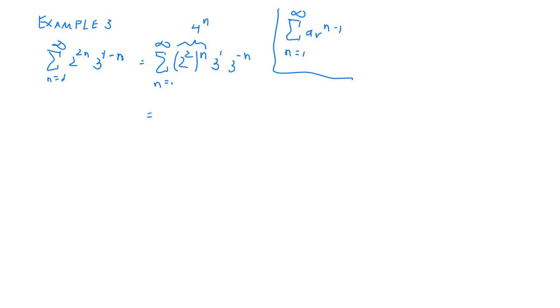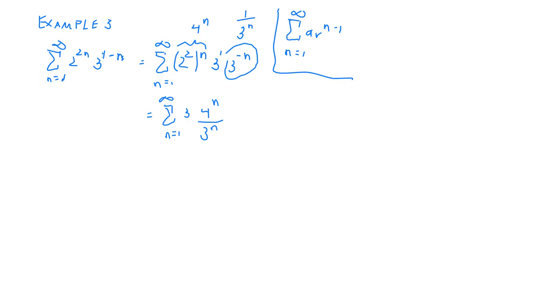So what I'm going to do here is just leave the 3 here. And I got 4 to the nth over 3 to the nth, because 3 to the negative nth is like 1 over 3 to the positive nth.